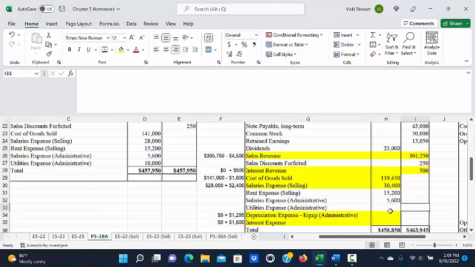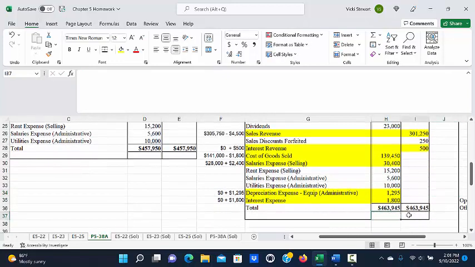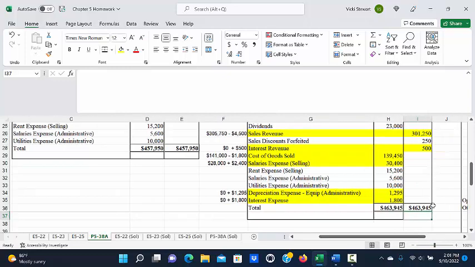The utilities expense is the same at $10,000. We have two new accounts. We have depreciation expense equipment administrative for $1,295 and interest expense, a new account of $1,800. And we can see now that our adjusted trial balance is in balance with $463,945 in both debits and credits.